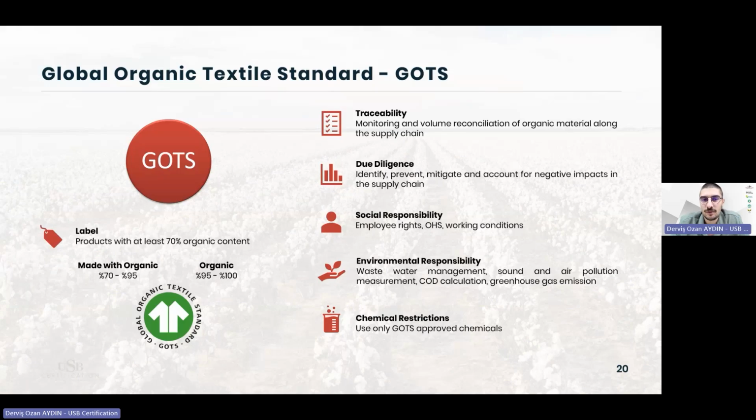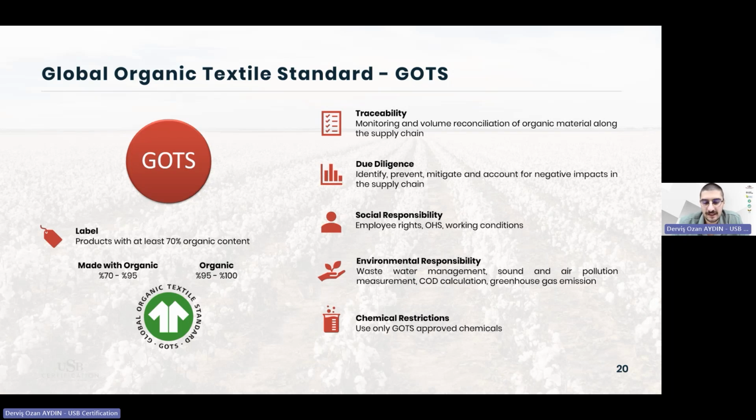So about the Global Organic Textile Standard, which is GOTS, the same organic content, same organic fiber as OCS, but it's a different program. And for that reason, the requirements are different between OCS and GOTS.